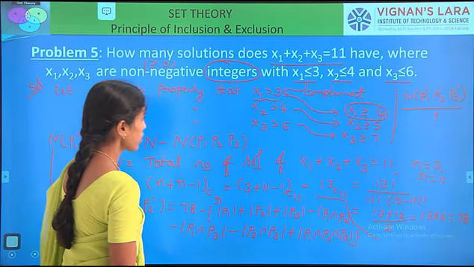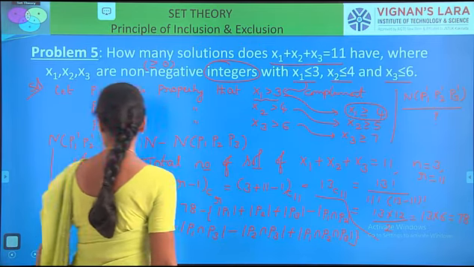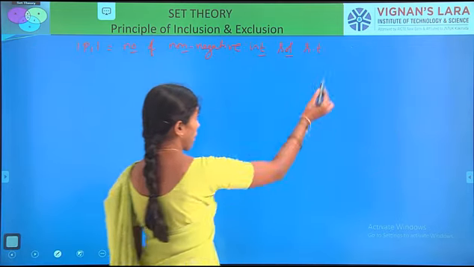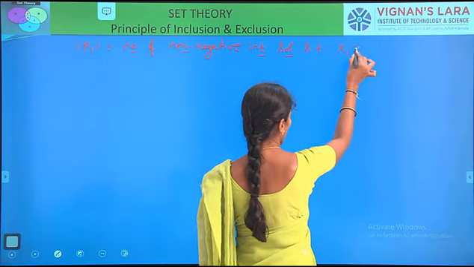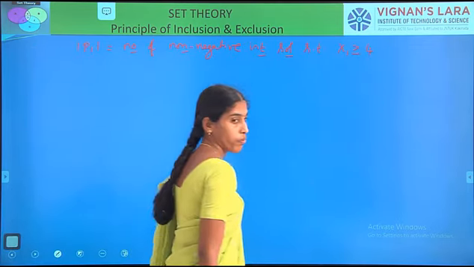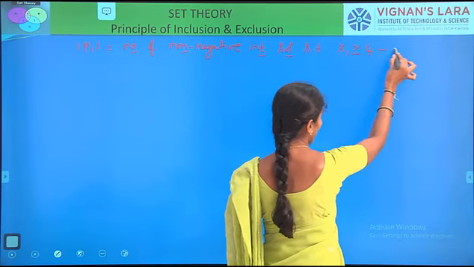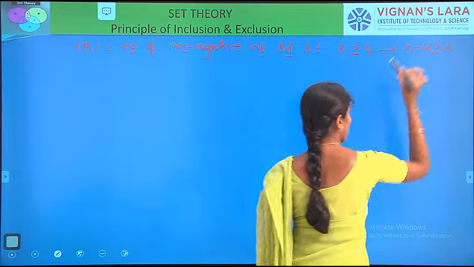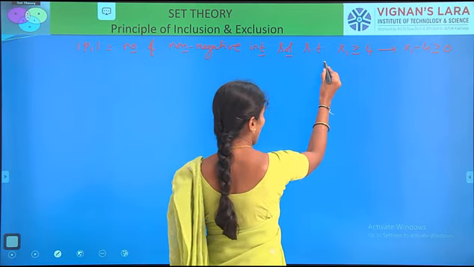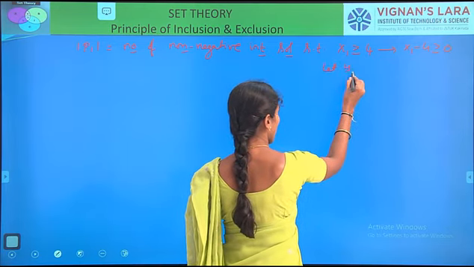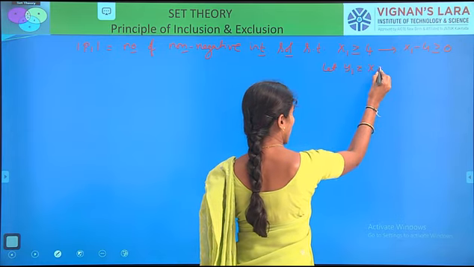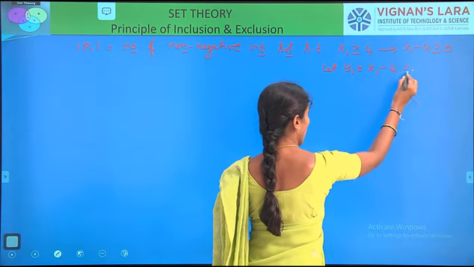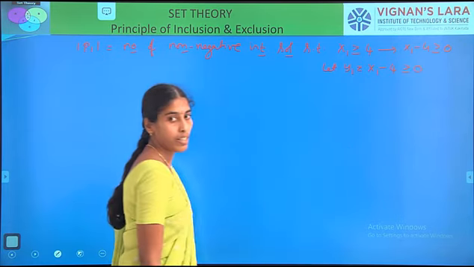What is our condition? x1 greater than or equal to 4. So this can be written as x1 minus 4 greater than or equal to 0. Right? Let y1 be equal to x1 minus 4. Clearly y1 is greater than or equal to 0.